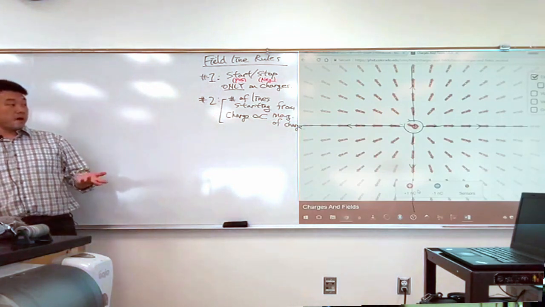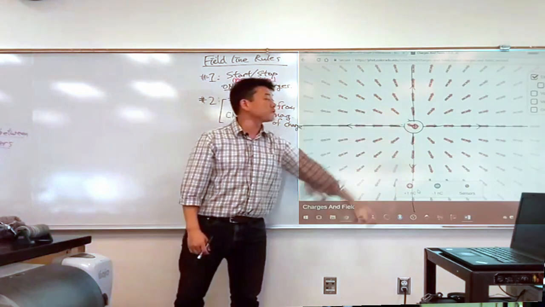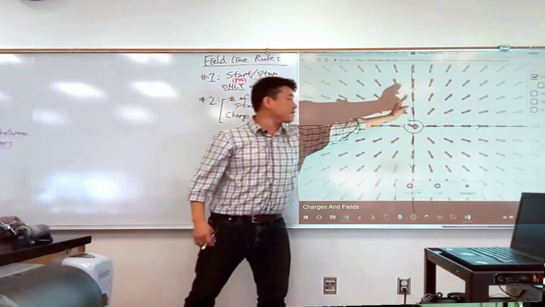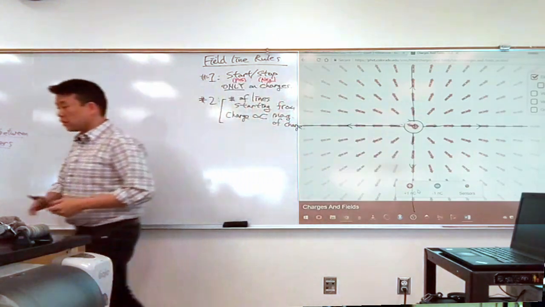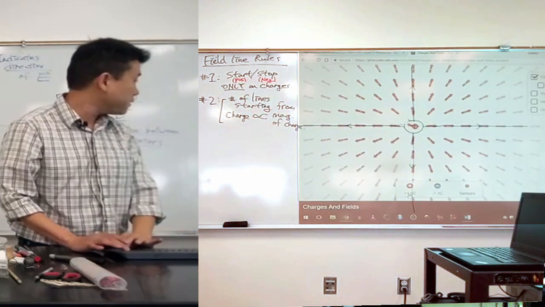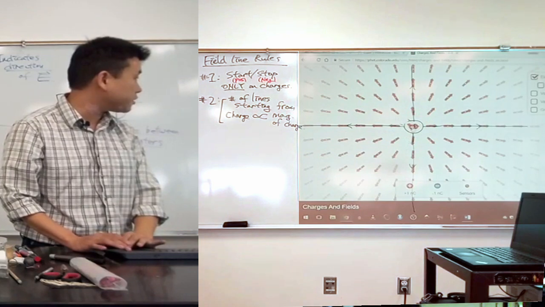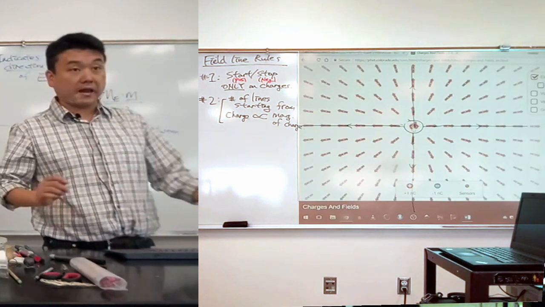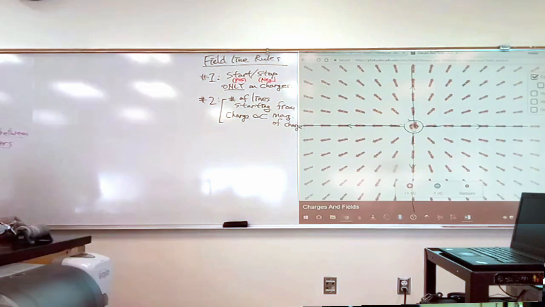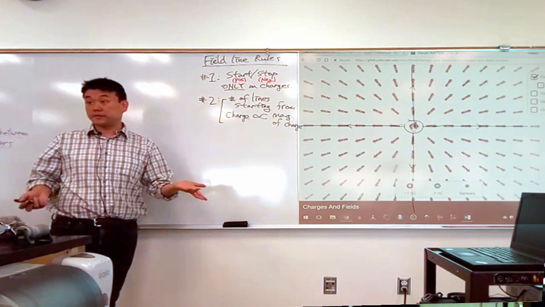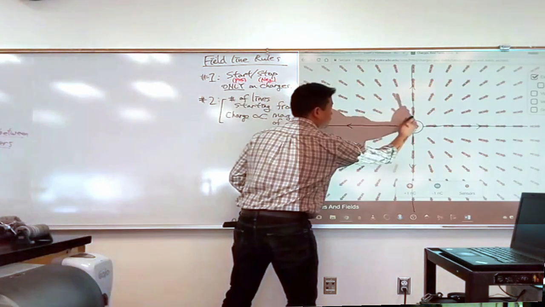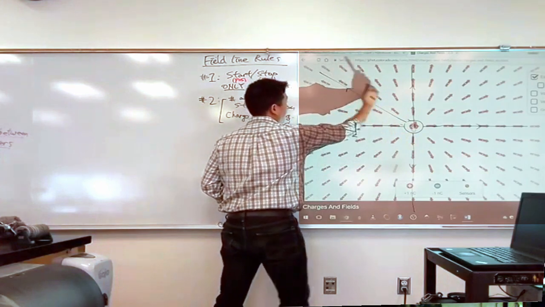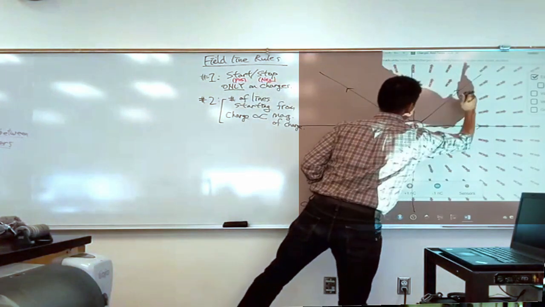As in, for this one plus charge, let's say I drew 4 lines. Then the convention that I'm going to follow is that if I have 2 charges, double the number of charges, so a stronger electric field, then I'm going to associate double the number of field lines with that. So I will draw double the number of field lines for double the number of charges.